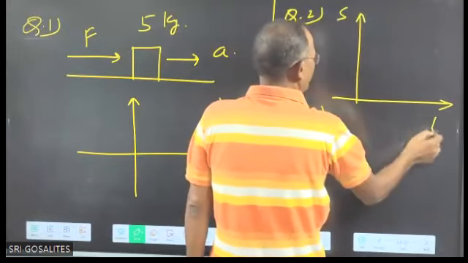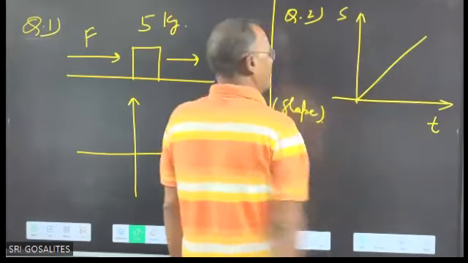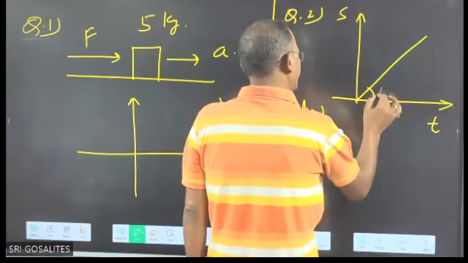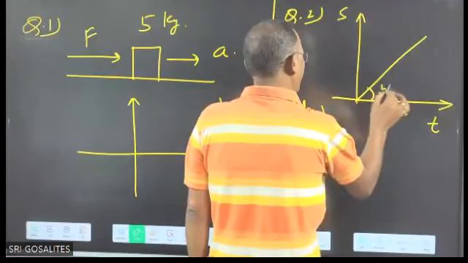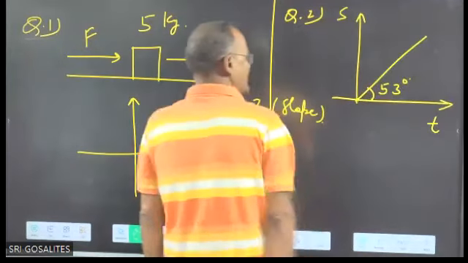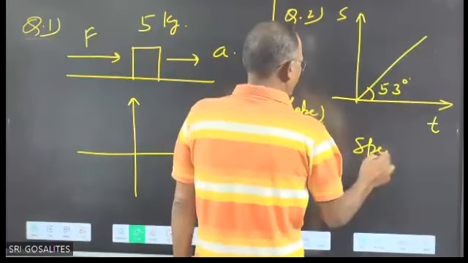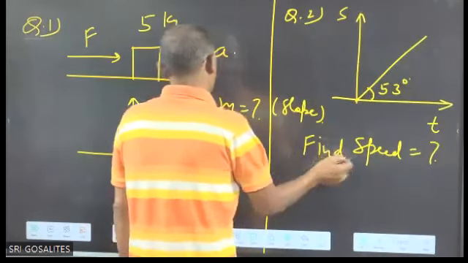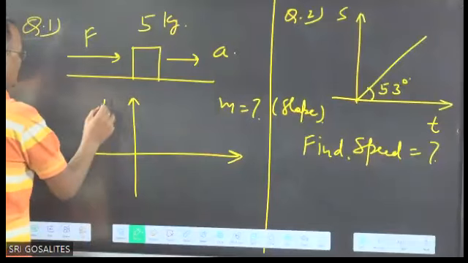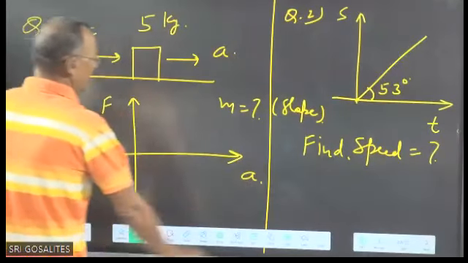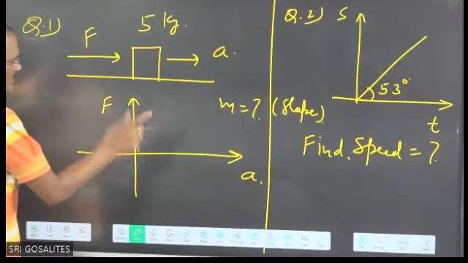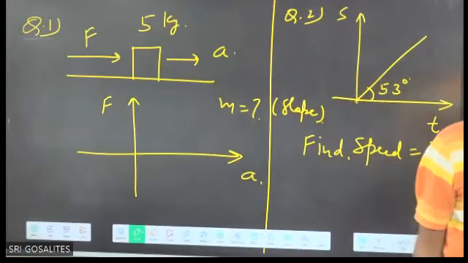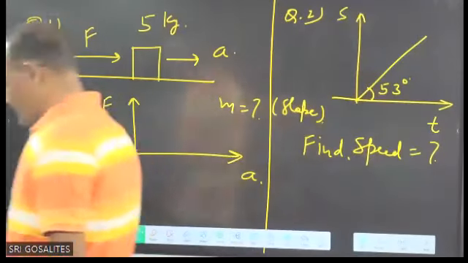If the distance-time curve for a body is like this, and the angle is 53 degrees, then find the speed of the body. Slope of the curve. Come on, solve both the questions.